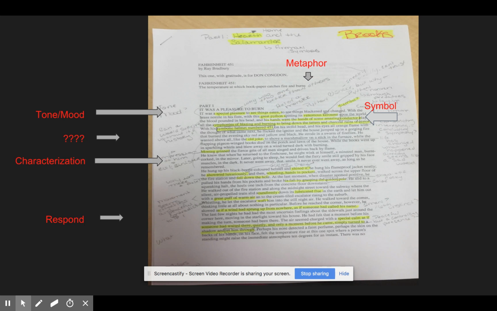And then he talks a little bit later about a conductor. Or here, and I didn't highlight it, and I do have it highlighted now on my current one, "flapping pigeon-winged books." Those are important symbols. And I better start thinking about them because they're going to reoccur. And I need to know, why did Bradbury choose them? What is he trying to tell me with this symbol?